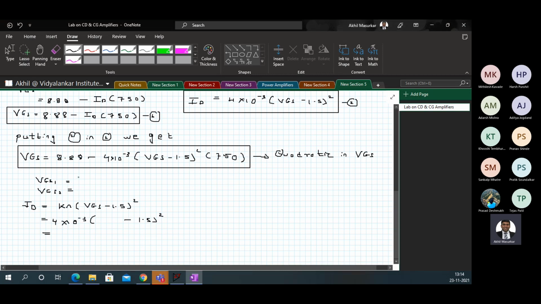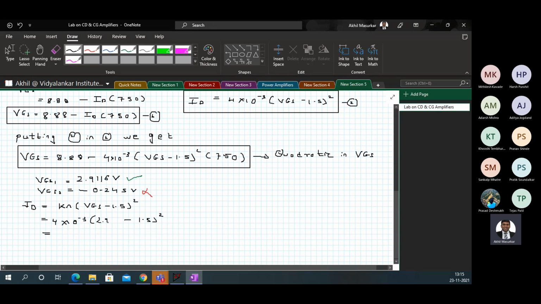I'm getting the value as 2.9116 volts, and the other value is minus 0.2435. So obviously this value is rejected because you cannot apply a negative gate voltage. So your VGS becomes 2.911.